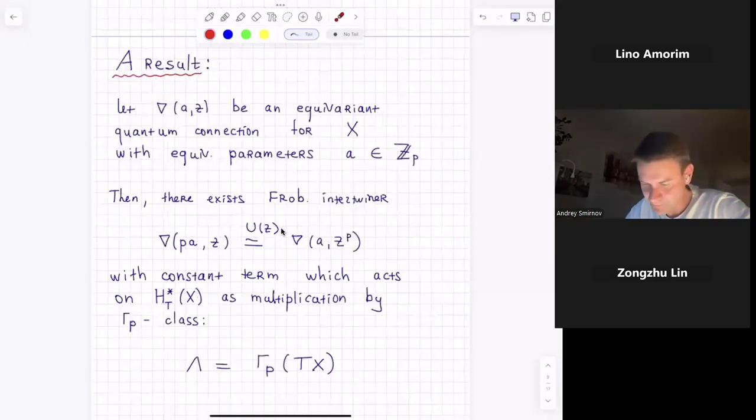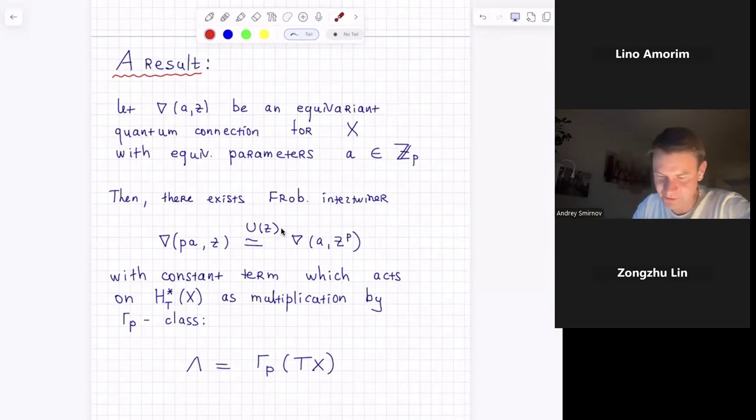So actually it is the following: if nabla is a quantum connection associated with some variety X, so here I want to be ambiguous, I don't want to say what this X is. It may be a Nakajima variety, but I believe this statement is more general.